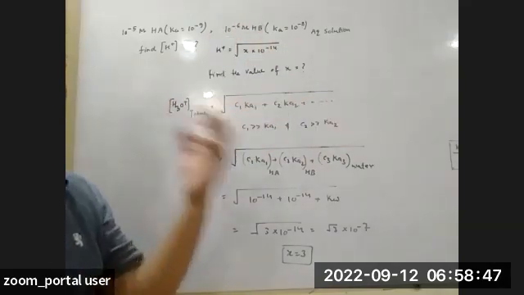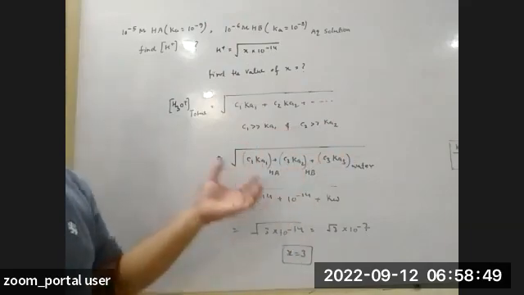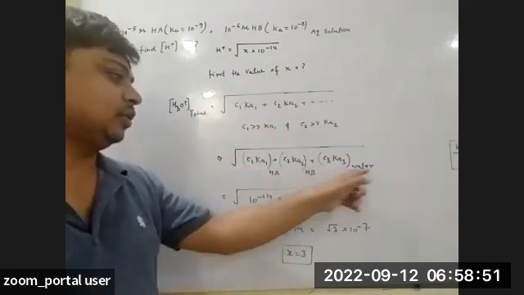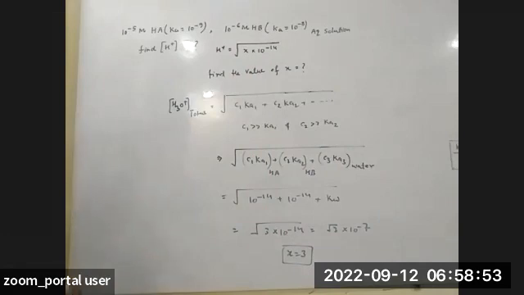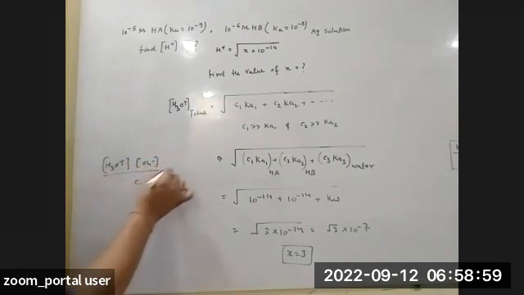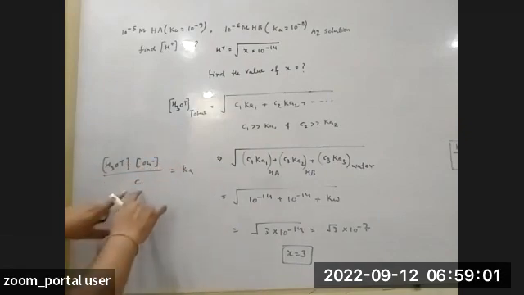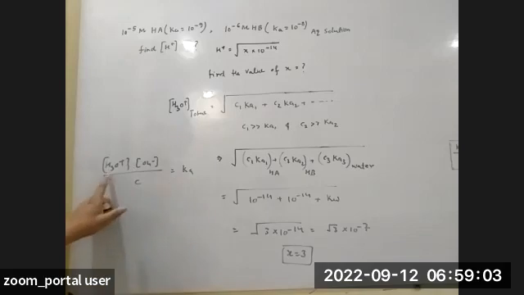The contribution of KW, like C into Ka of water, is KW because we know H3O plus into OH minus divided by C was Ka. Yes or no? So C into Ka will be KW. Is this okay to everyone?